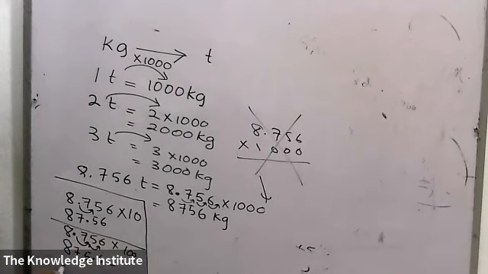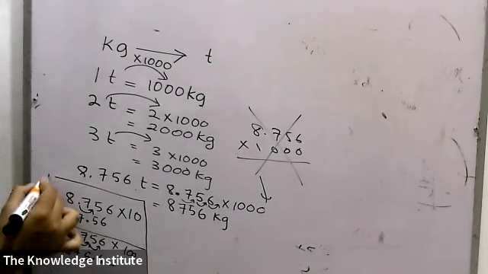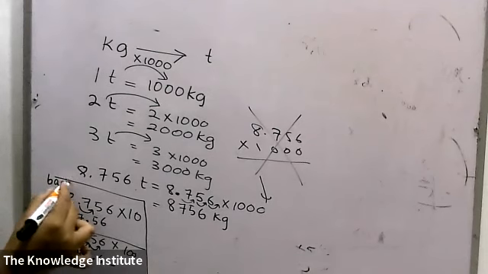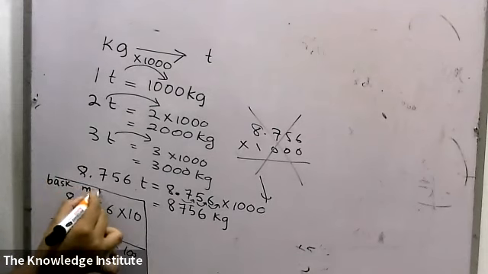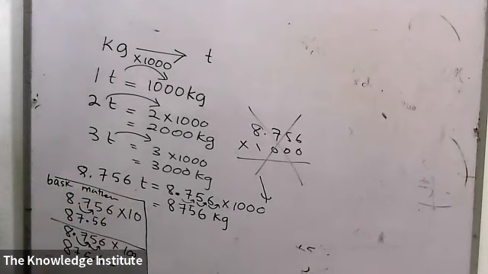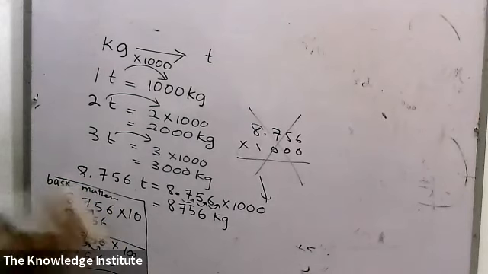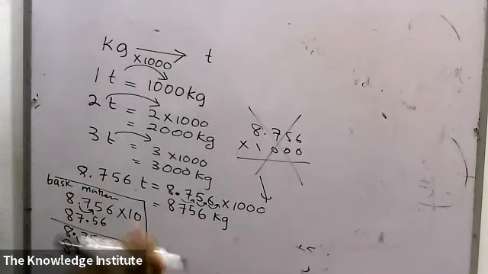It will become 875.6. So in your note, you can write basic mathematics, put a box, and note down this. So you will know. Okay, you can copy down the whole part and let me know.